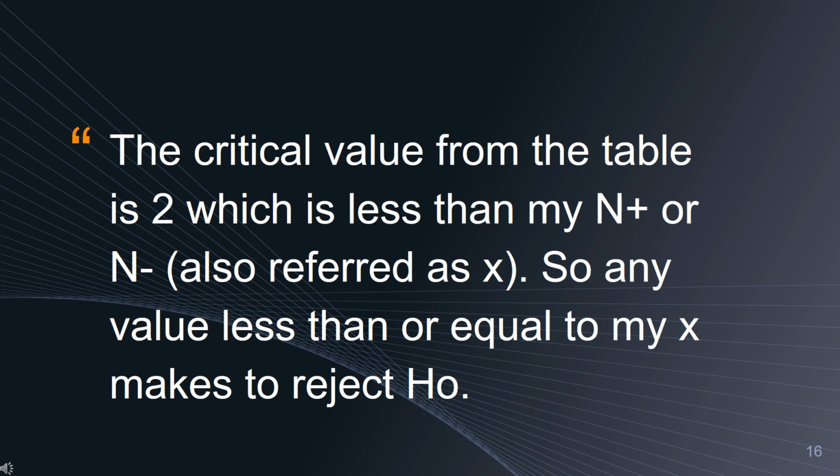Then I decide my level of significance, that is 0.05, and the value I get is 2. This 2 is compared with my n plus or n minus, whichever was smaller. So mine was n minus, that is x. So any value less than or equal to the critical value makes me reject the null hypothesis.